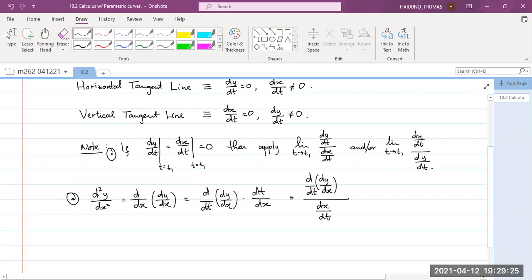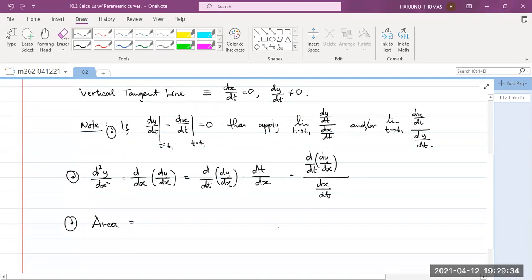The third note, the area. If you have a curve, let's say the curve is from t equals a to t equals b. Now the area is supposed to be the integral of y dx. Is it right?